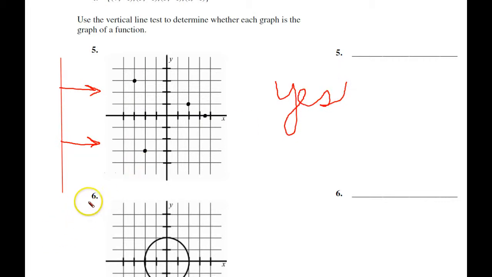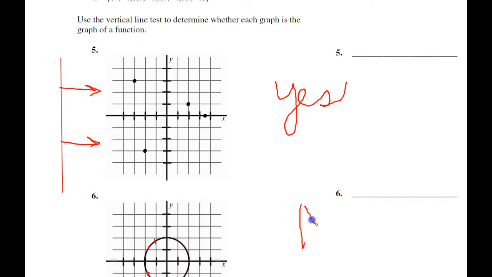Now, as we take that same vertical line and move it across a circle, you see when it gets here, it intersects there and intersects in 2 places all throughout the circle. So would this pass the vertical line test? No, because it intersects the graph, the circle, in more than one place, as it passes over the face of the graph.